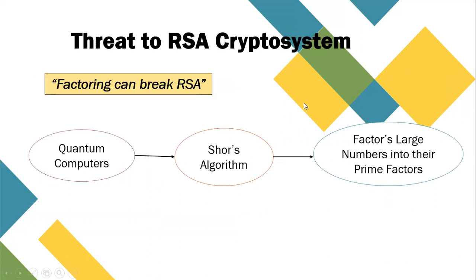But this task is computationally infeasible. However, with the advancement of quantum computing, there's an algorithm called Shor's algorithm, which can break RSA by factoring large composite numbers into their prime factors.